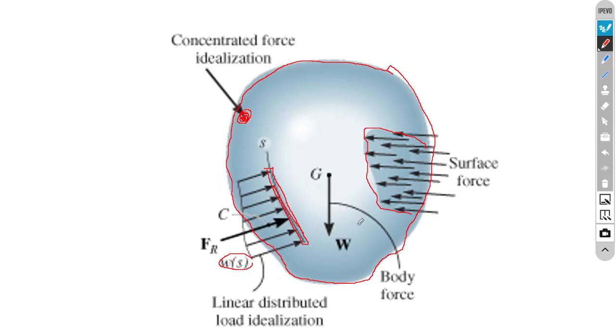The most common body force system is the force system applied by the earth onto objects. The resultant of such a body force system is called the weight of the object.